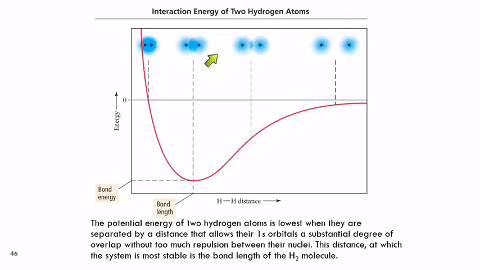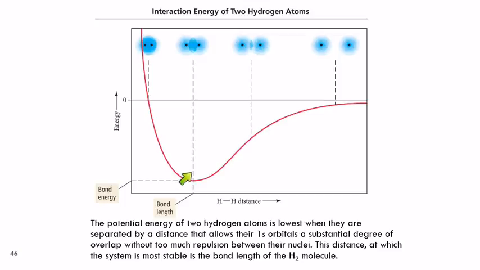But as you get closer and closer, you get to this perfect sweet spot where you're talking and it's nice. But if you get pushed too close together, now it's like, hey, dude, you're in my personal space, right? This is too close. So there's this perfect balance here where the energy is the lowest.